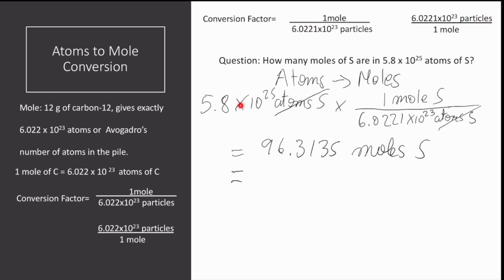And because we start with two significant figures in the number of atoms, the last number must have two significant figures as well. So because we have a 3, this rounds down to 96. So we end up with 96 moles of sulfur.